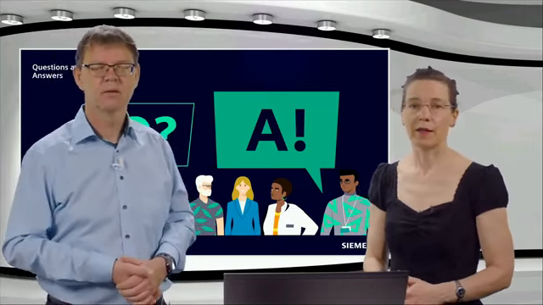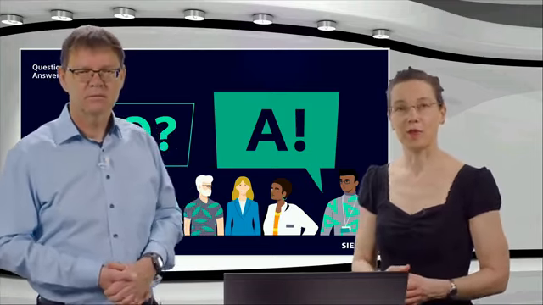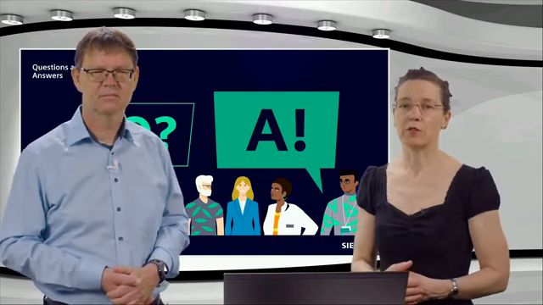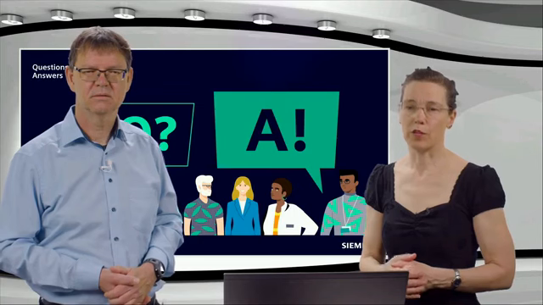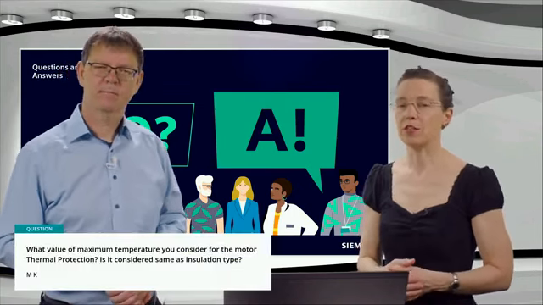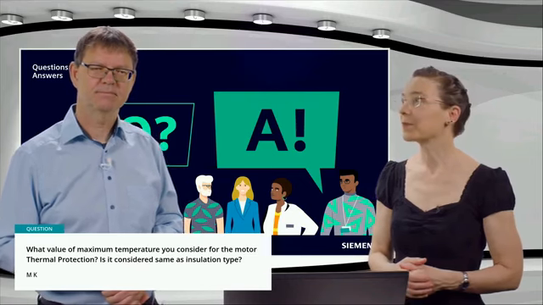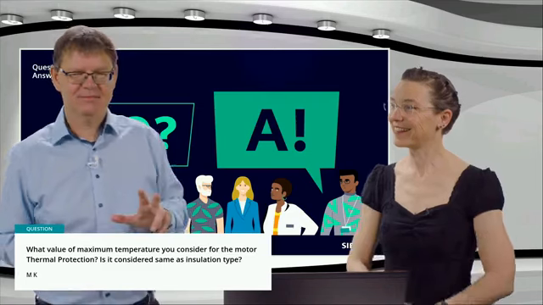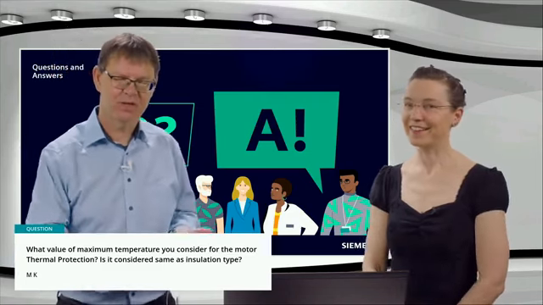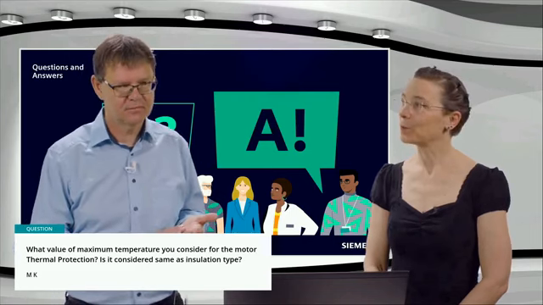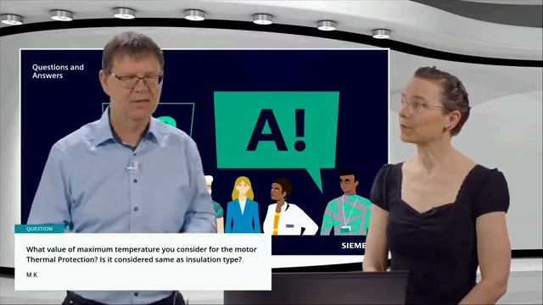And the next question came in from MK. What is the value of the maximum temperature you consider for the motor thermal protection? Is it considered the same as the insulation type? Last time we were talking about the stator thermal protection, overload protection.